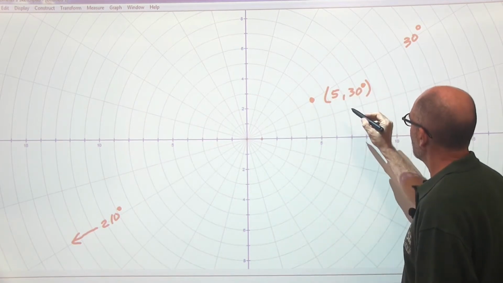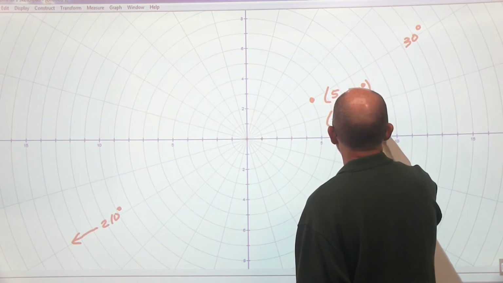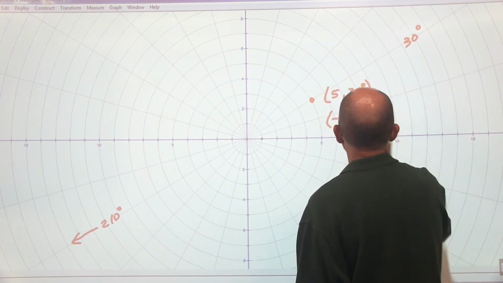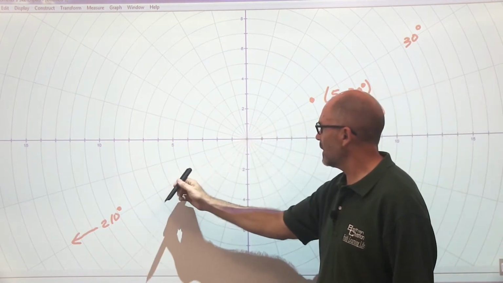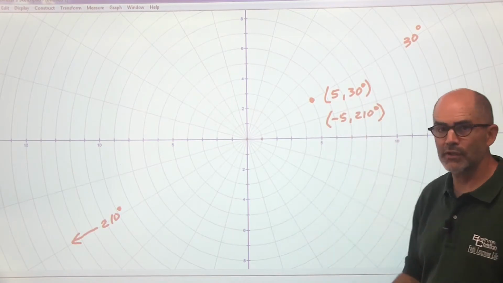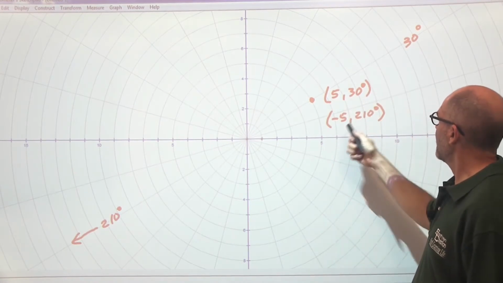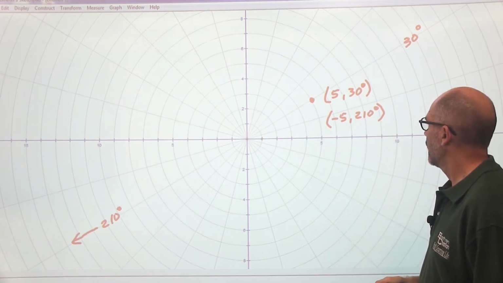So that means I could name this point negative 5 at 210. Because it's saying go 210 degrees, but then go the opposite direction of the 210 degrees. So that's negative 5 at a 210-degree angle.